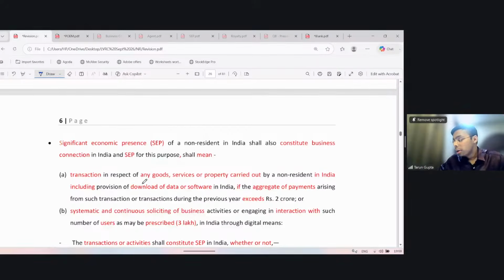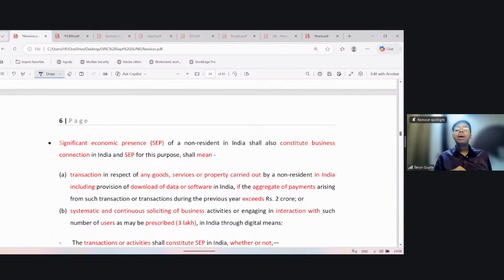Further, the threshold for constituting business connection is again diluted with the introduction of the concept of significant economic presence, SEP. It says that significant economic presence of a non-resident in India shall also constitute business connection in India.